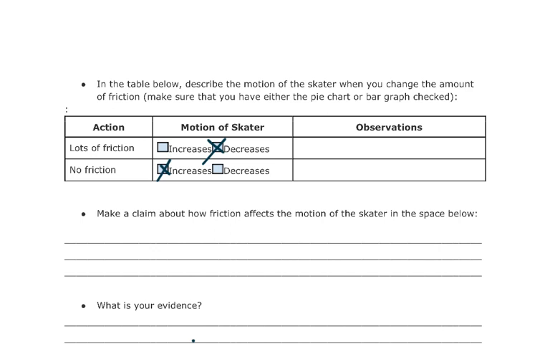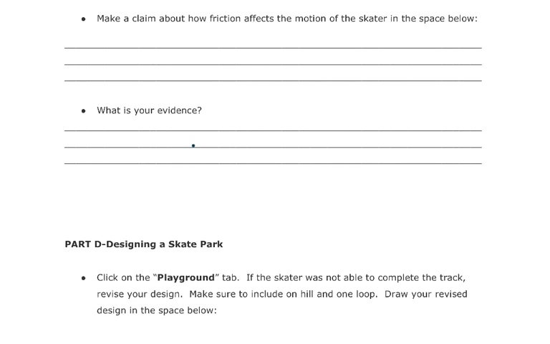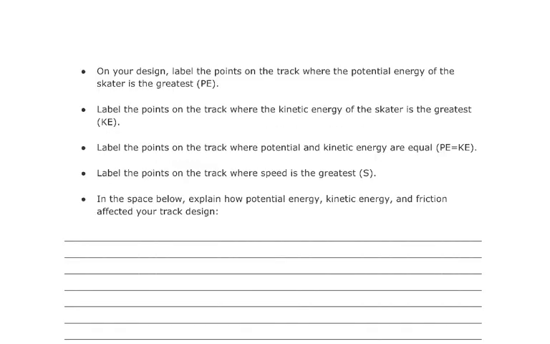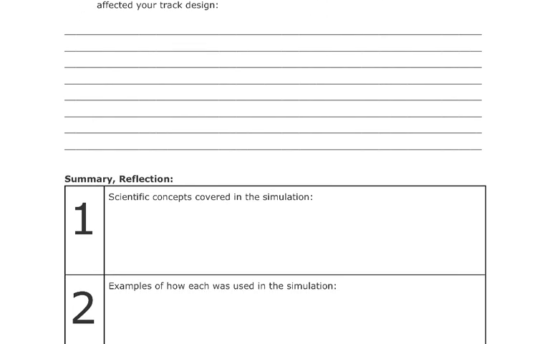You could have also seen that he didn't go up to as high of a height as he did previously. And those are all observations you can make. Okay. Then they had you do some making your own track, and then they had you labeling some things. We'll go back over that later, but I want to get to the types of energy. So let's talk about that.